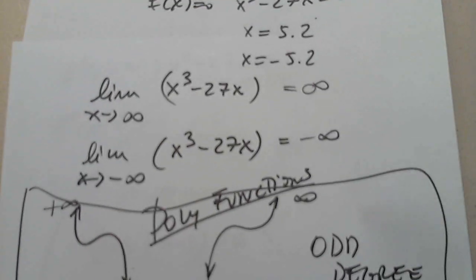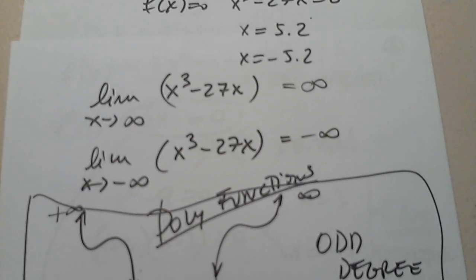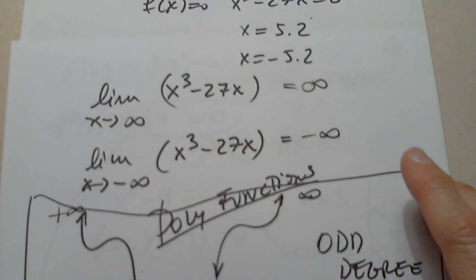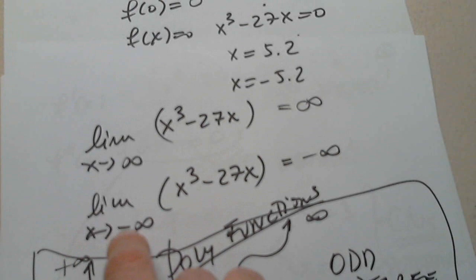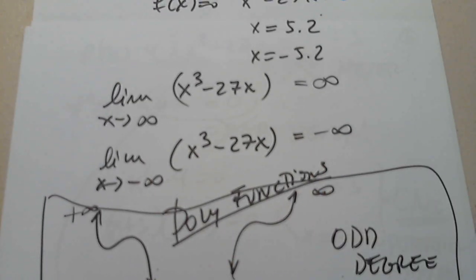Here, there was a nice discussion. Somebody asked about the polynomial functions, and this is always the case. If it's an odd degree, it looks like this or like this. And if it's even degree, like this or like this.